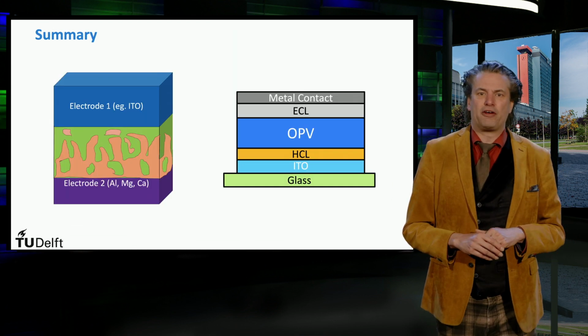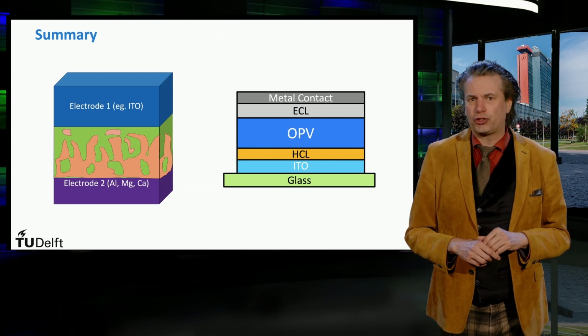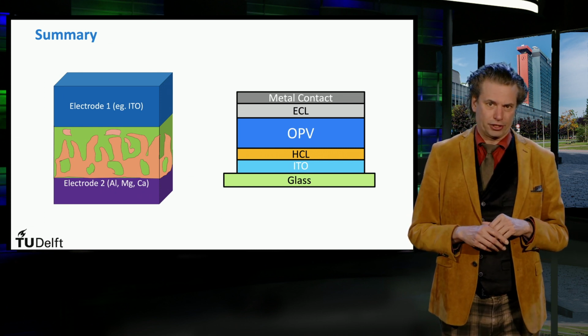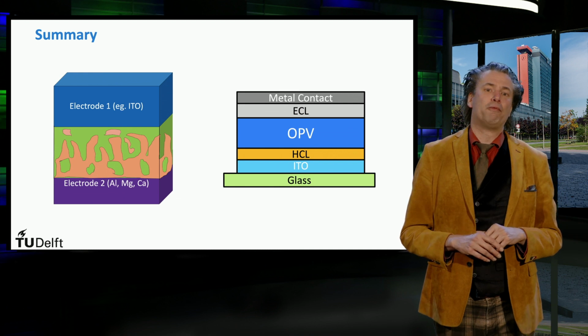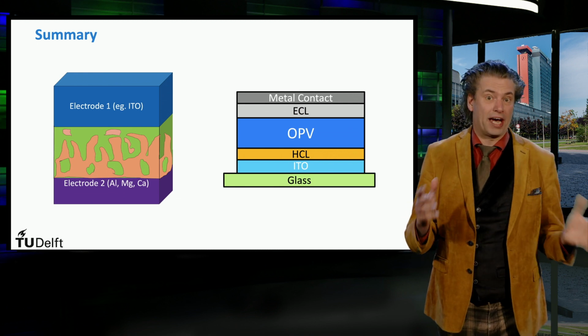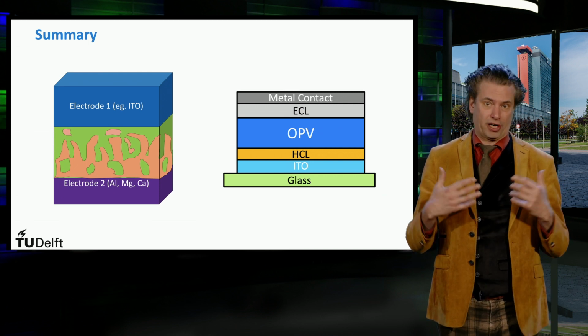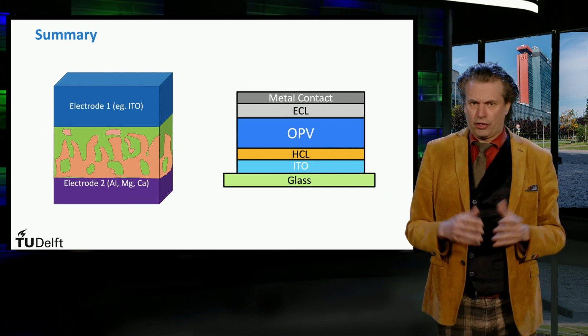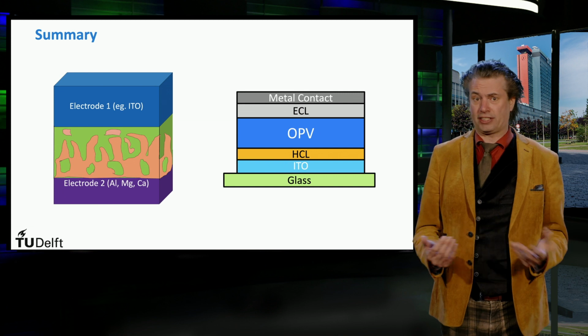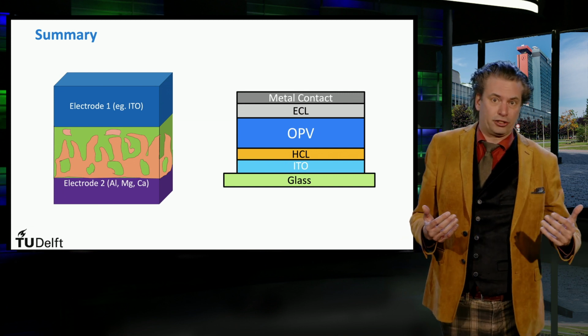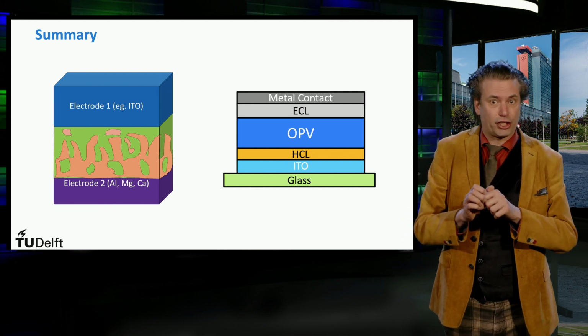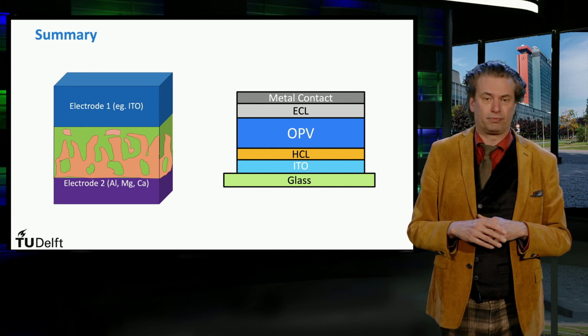In this video lecture, you have been introduced to organic photovoltaic technologies. We have discussed the fundamental principles of organic semiconductor materials, like how carrier transport occurs in organic molecules. You have been introduced to the concept of excitons, their generation, the diffusion of excitons, and charge separation through heterojunction.